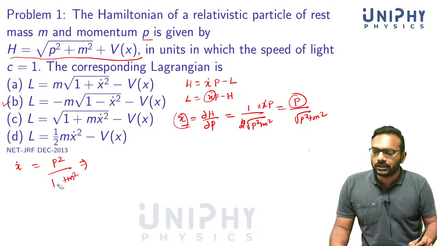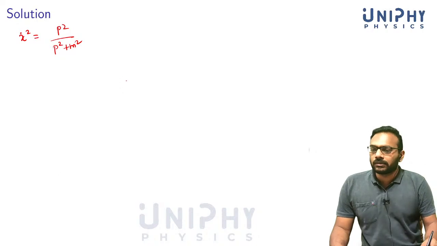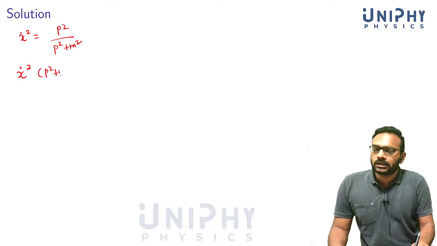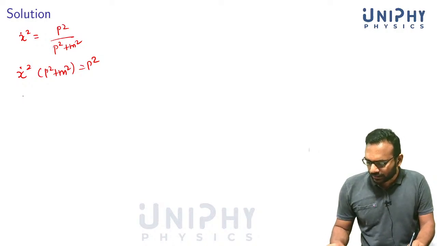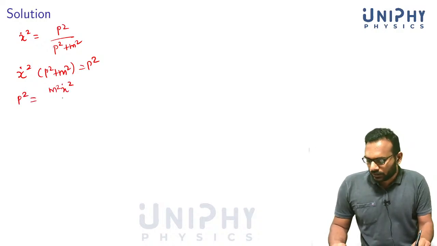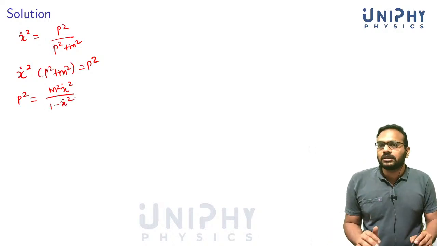Now we just solve this. Now you just solve for p. You rearrange this and you get p square as m square x dot square divided by 1 minus x dot square. So that's the momentum for you.